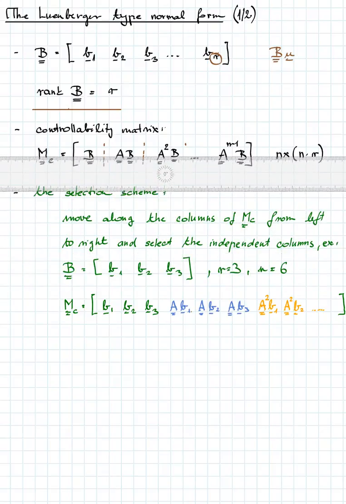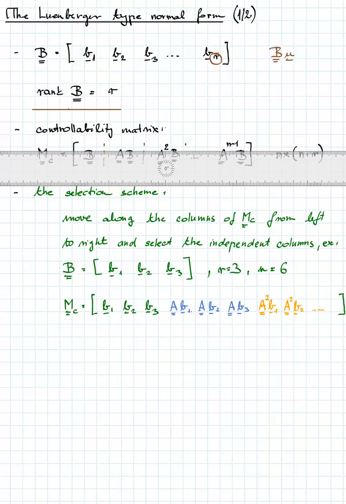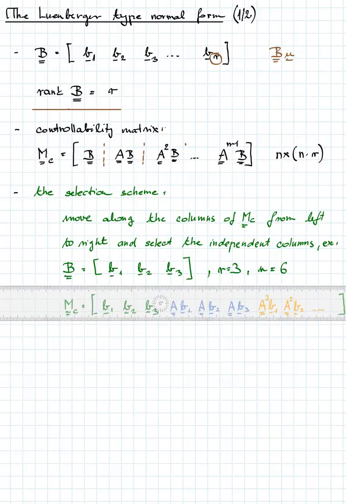Maybe it's a little bit difficult to follow. That's why I think it's a good idea to show the selection scheme and the others in the next videos through a simple example.